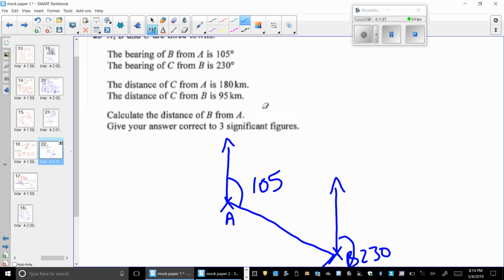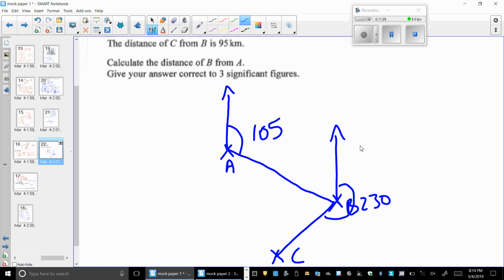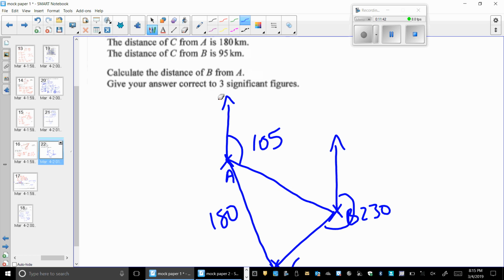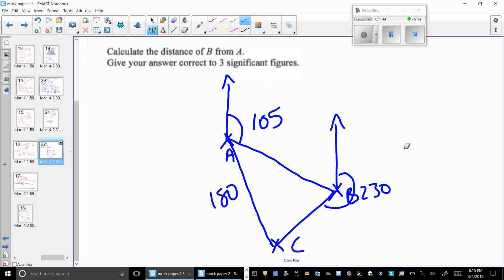The distance of C from A is 180, so this is 180. The distance of C from B is 95. Calculate the distance of B from A. So we need to know this length here.